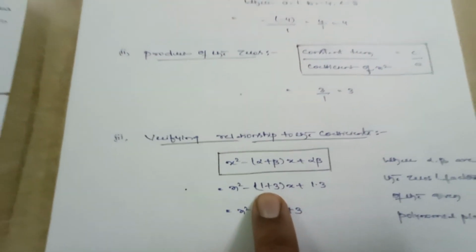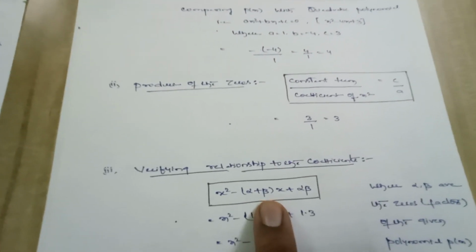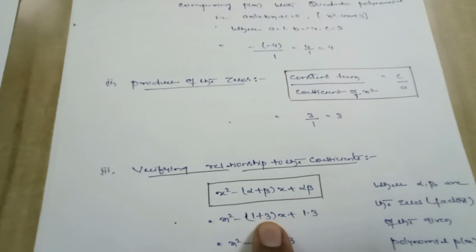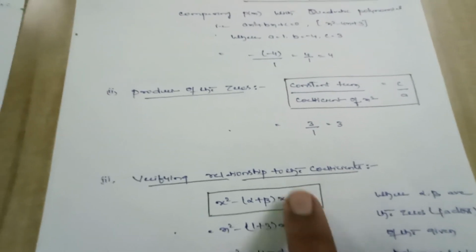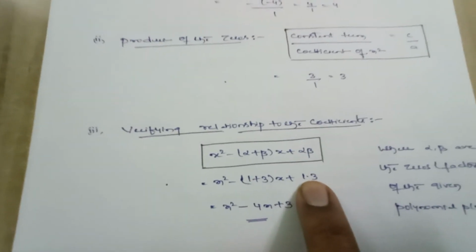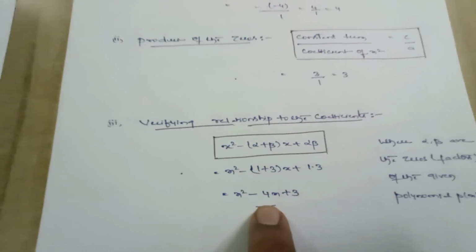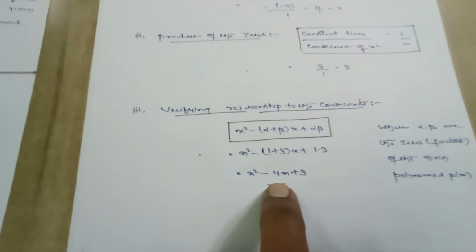The sum of the zeros we got as 4. Alpha is one zero and beta is the other zero. So take the sum, it becomes 1 plus 3 into x. And alpha beta is the product. What we got? 3. So simplify: x square minus 4x plus 3. That is the given polynomial. So this is the verification, guys.